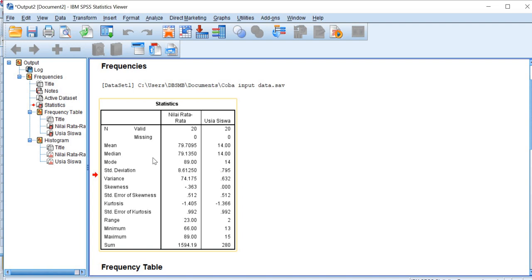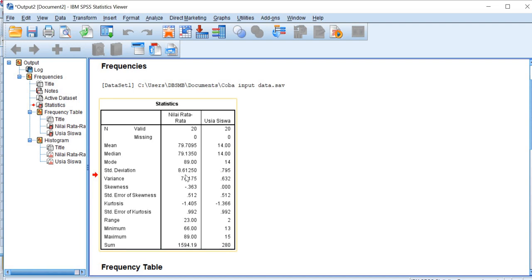Then the mode is the most frequently occurring score in our data, and it shows 18.9 in nilai rata-rata, and 14 years old in usia siswa.